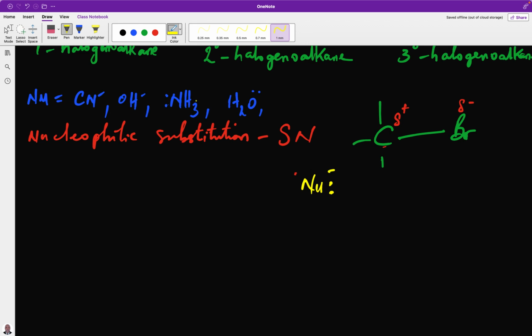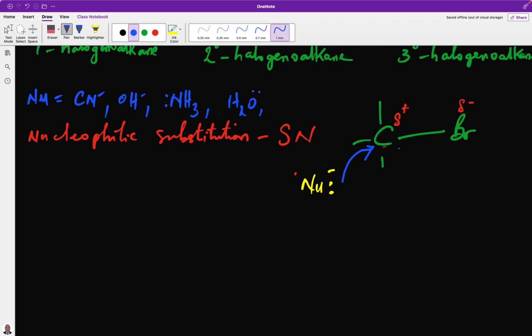So now this nucleophile is attracted to, or attacks, a carbon atom carrying a partial positive charge. What happens as the nucleophile is approaching the carbon atom carrying the partial positive charge?